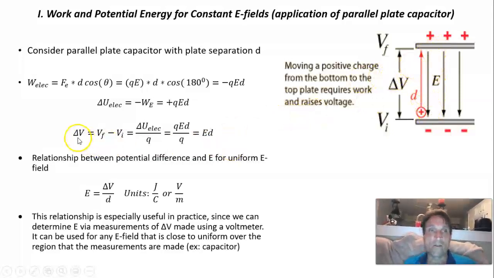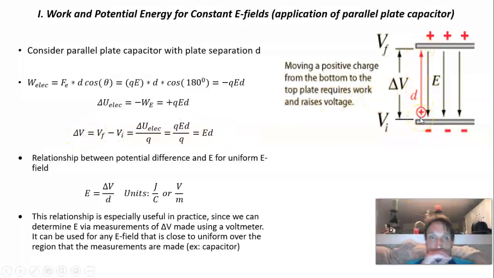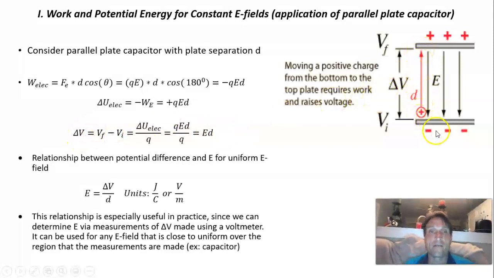Probably the easiest formula you'll remember in physics is just delta V is equal to Ed, okay? And everybody has to have a friend or a relative named Ed. So this is an easy one. The potential difference is equal to E, the electric field strength, times d.